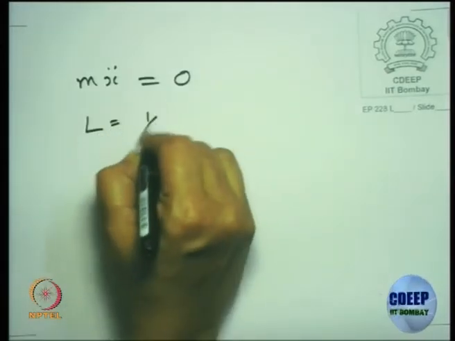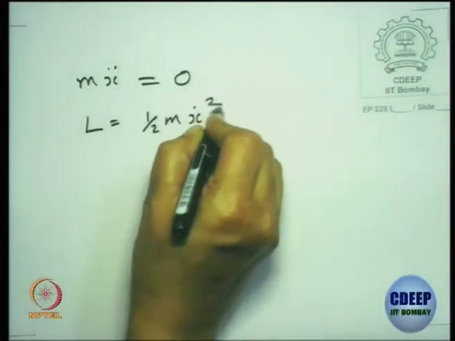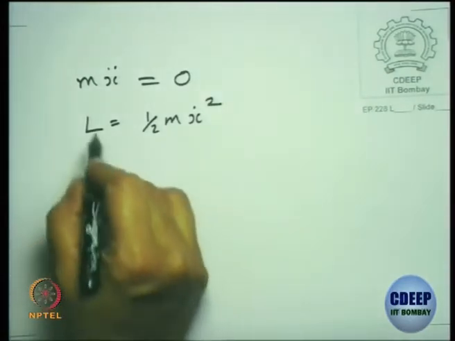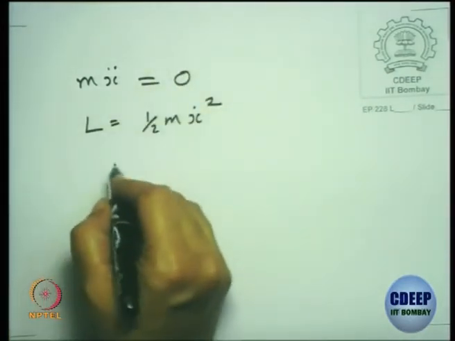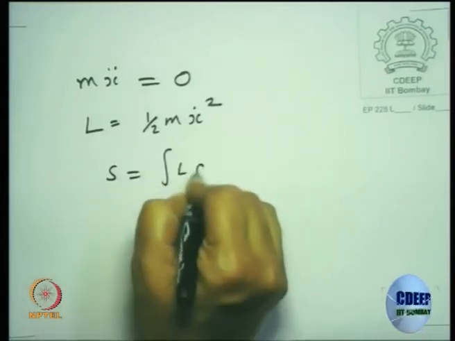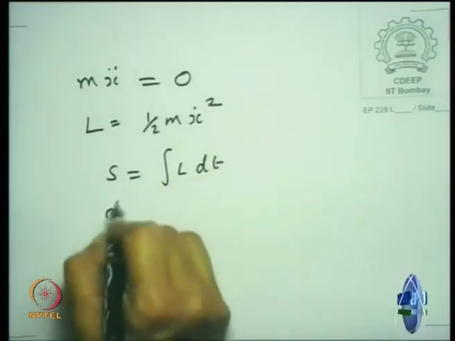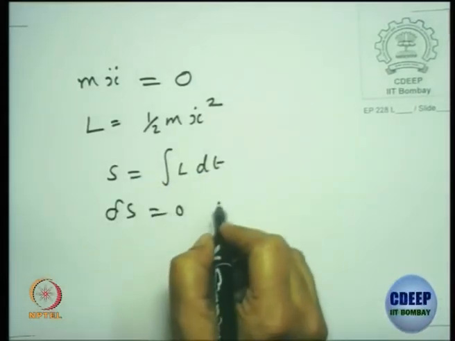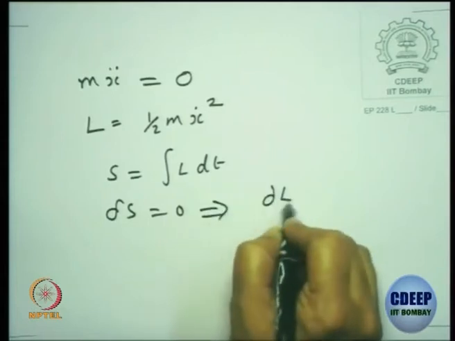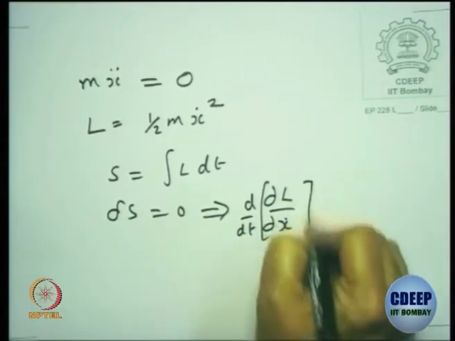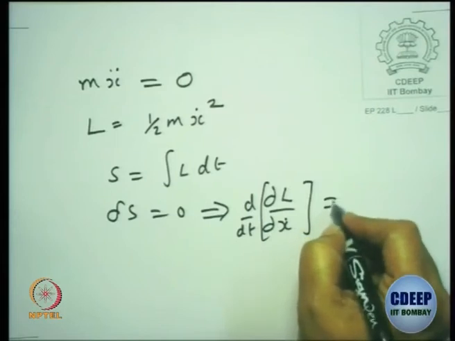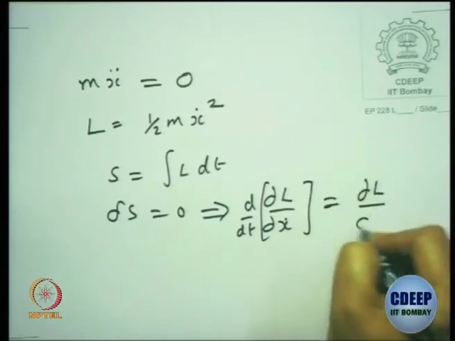You take L to be half m x dot squared, and then the principle of least action, extremizing the action, the integral of L dt, delta S equal to 0, will give you d by dt of del L by del x dot minus del L by del x equal to 0.